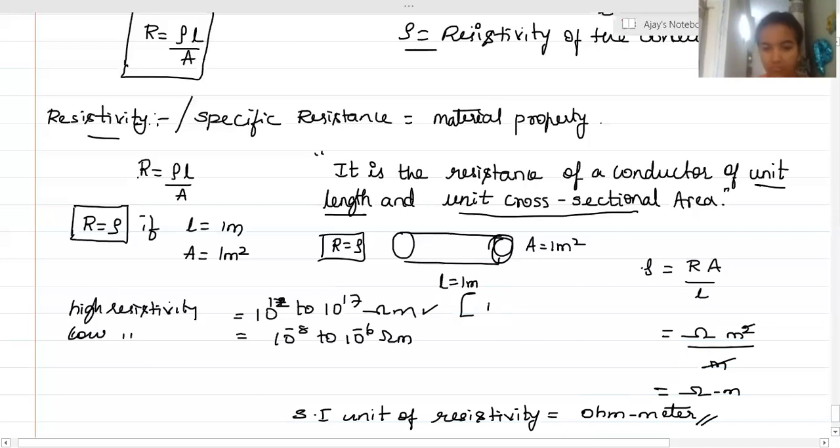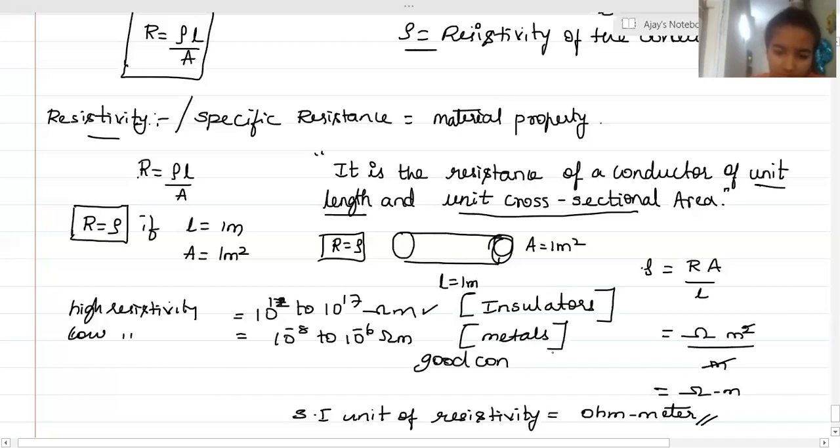Then obviously this will be of insulators, more resistance. Then this will be of what? Metals, or they are also called good conductors. Understood? Okay, fine. So copy down.